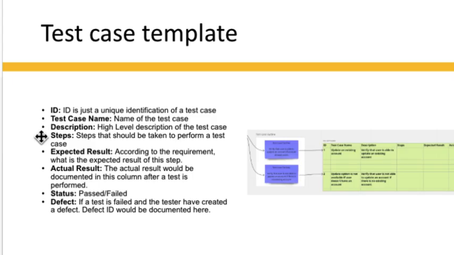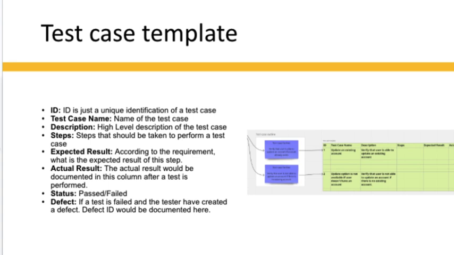In the description, you would want to give an overall high level description of the test case. So, for example, if I provide valid username and password or first and last name, the system should create an account successfully. Then you provide steps. For steps, you should mention how you are going to perform the test.